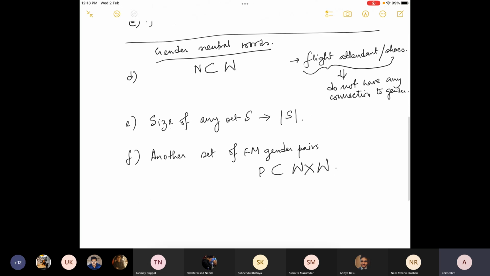Examples are she, he; mother, father; etc. So these are some of the gender pairs.